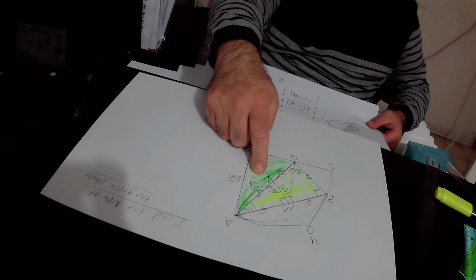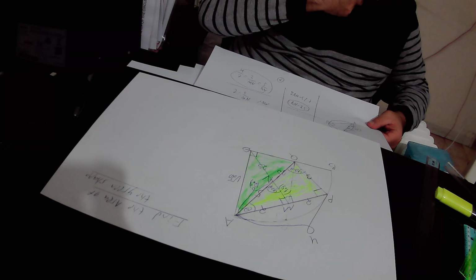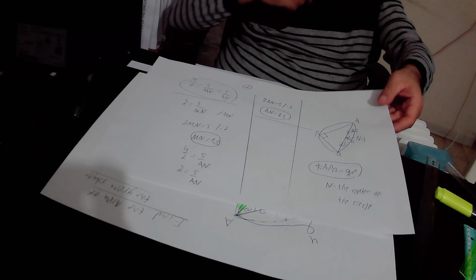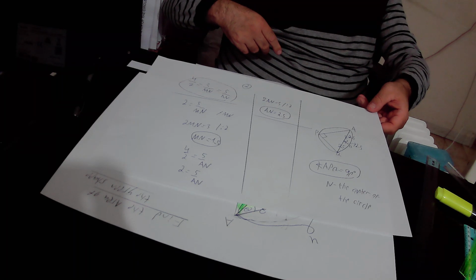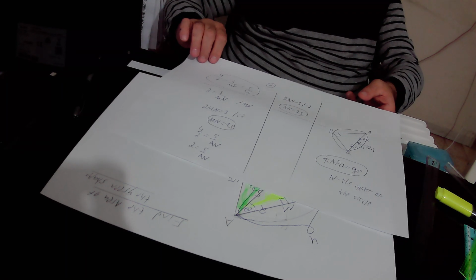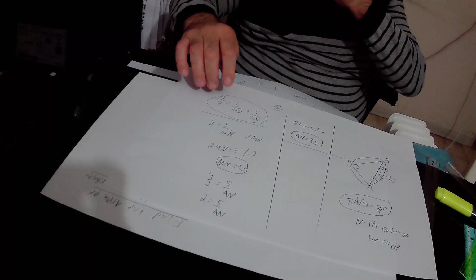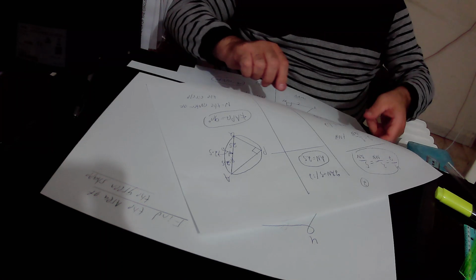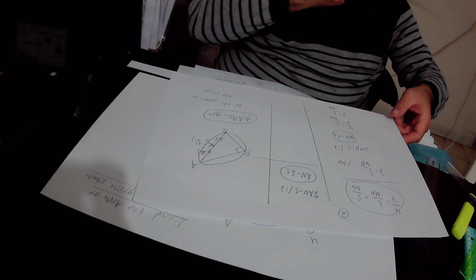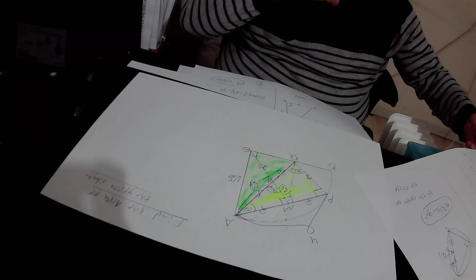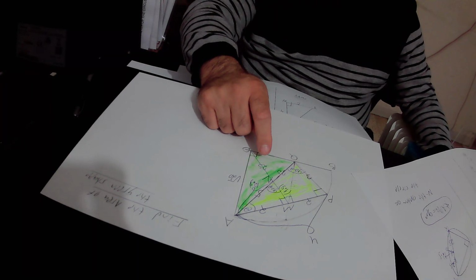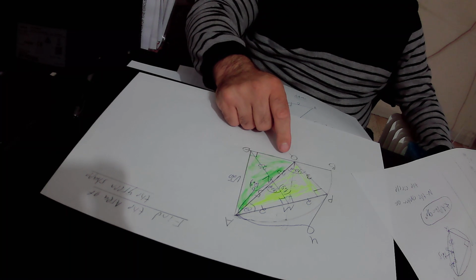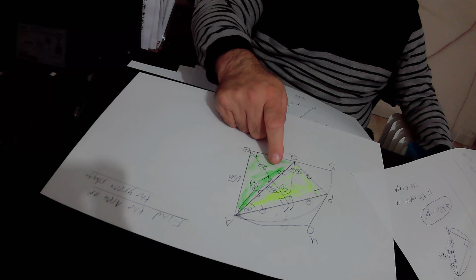Therefore, AN is the radius of the circle, and we have here AQ is the diameter, N is the center of the circle.